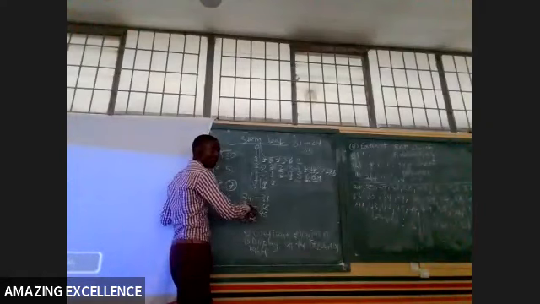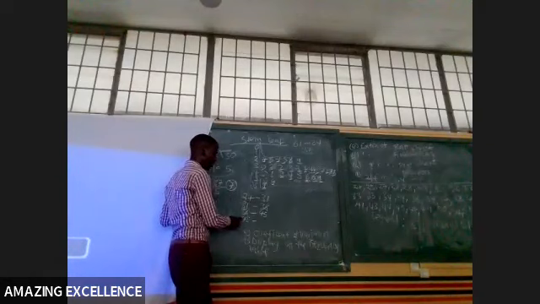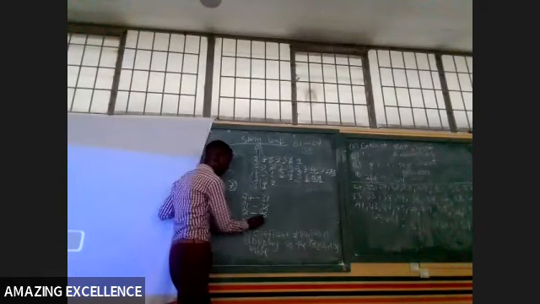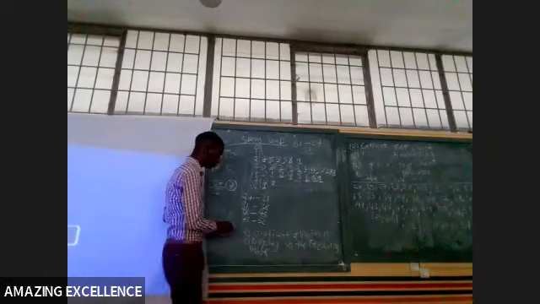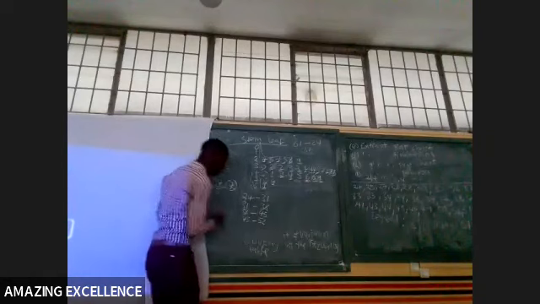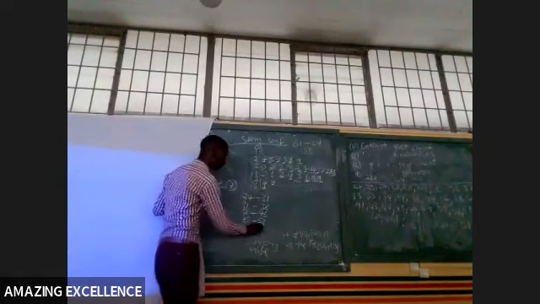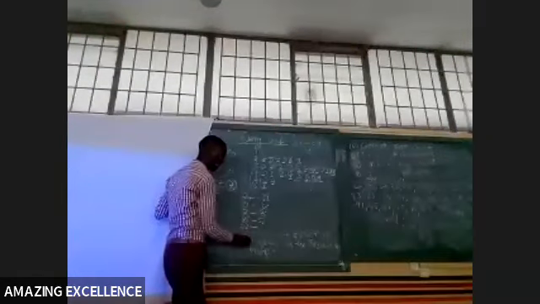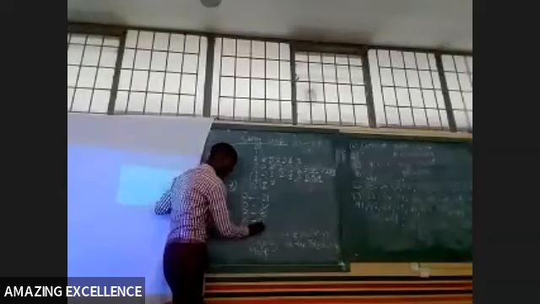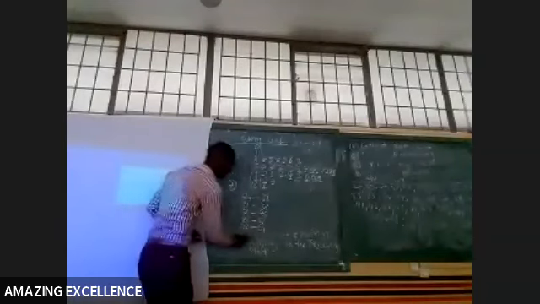This is what you're doing now. 45 plus 7 is 52. And then from 52 plus 7 is 59.